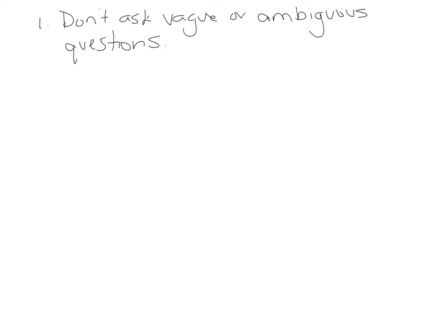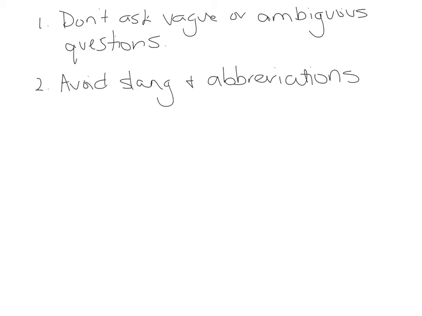I'm not quite sure what they're asking. So you be very specific with them. So avoid slang, definitely, and abbreviations, because you can't be guaranteed that the people reading your survey will know those abbreviations.